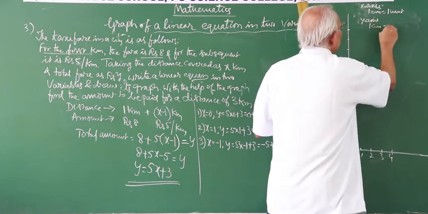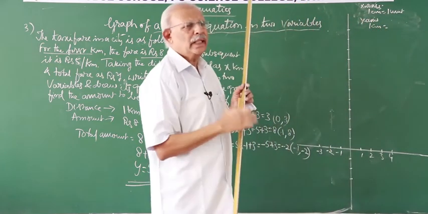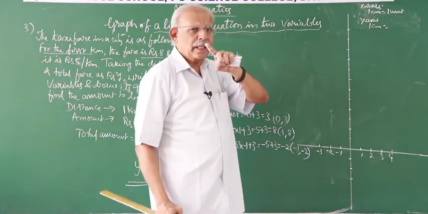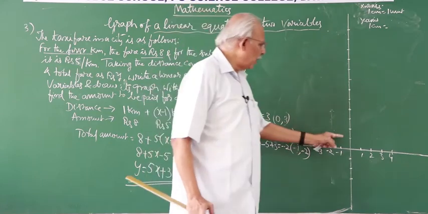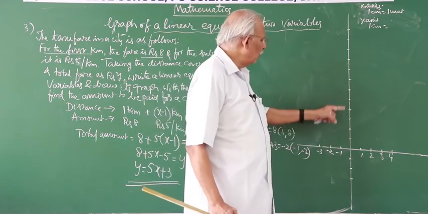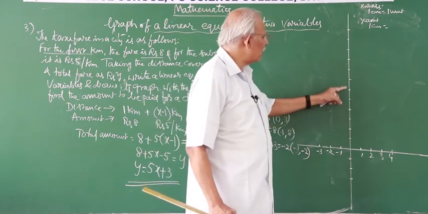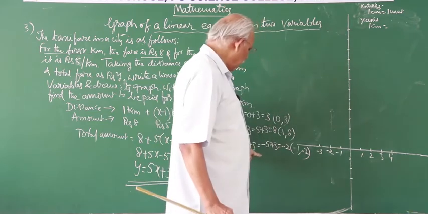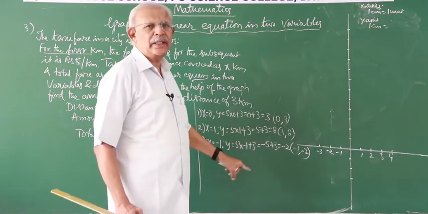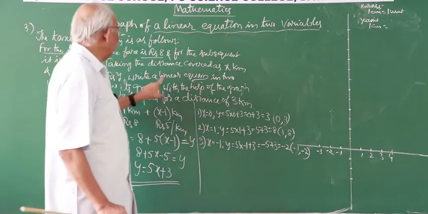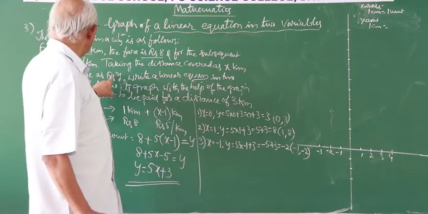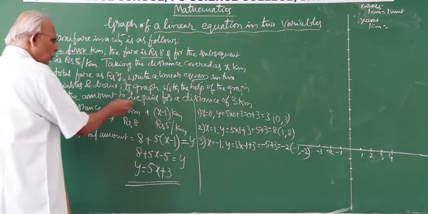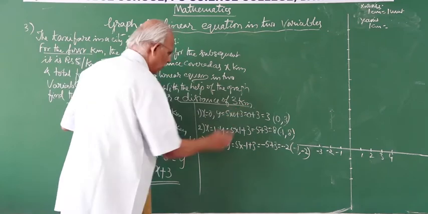Again 1 centimeter equals... Look here, one change I would like to make. If you take 1, then 1, 2, 3, 4, 5, 6, 7, 8, 9, 10, 11, 12, then also it will not be sufficient to find the amount for a distance of how much here? 3 kilometers. Find the total amount for a distance of 3 kilometers.